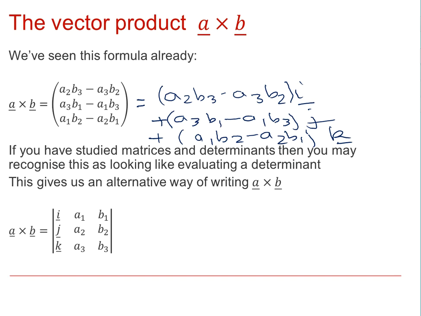Of course, this second component could have been written as (A1B3 minus A3B1)j if we'd changed the sign in front of the bracket.